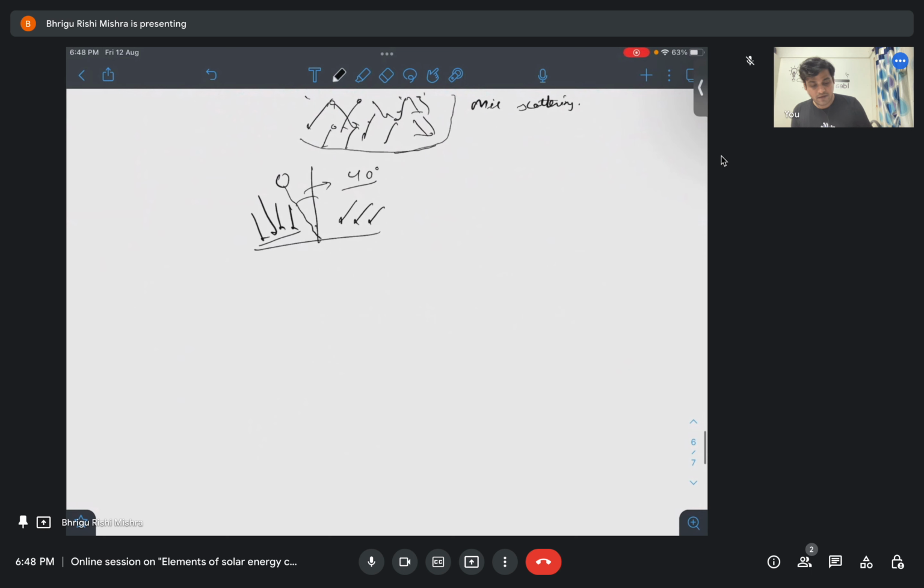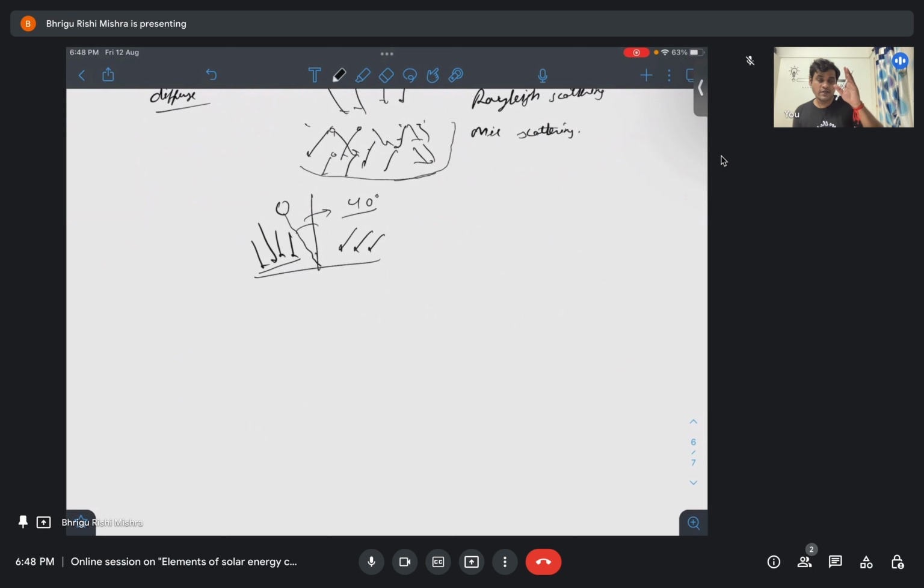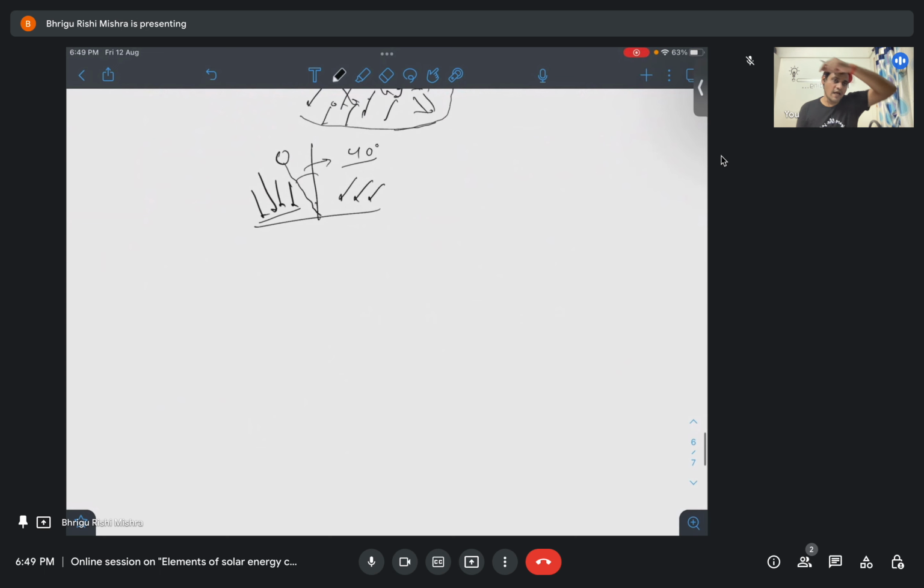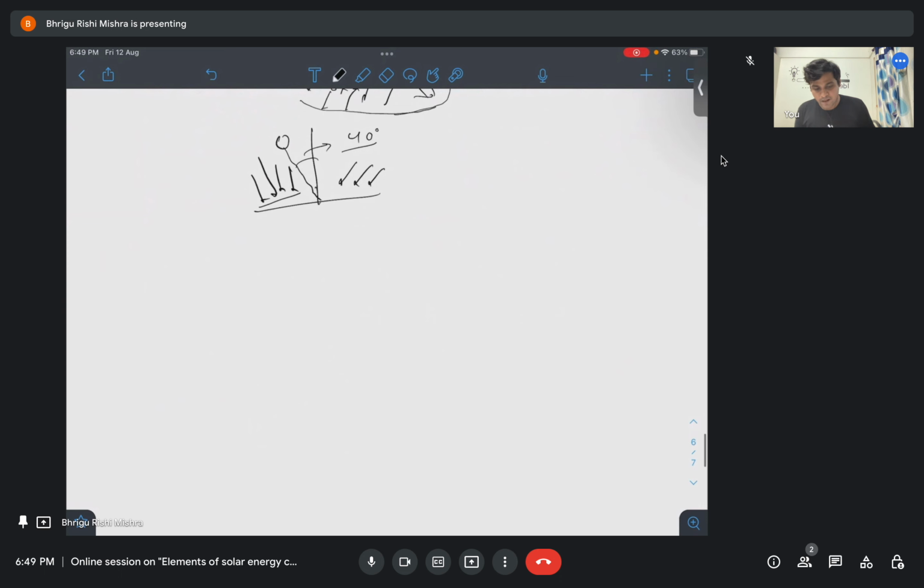Okay, also when the sun is at an angle greater than a certain angle, around 60 degrees, then also we will have a lot of diffuse radiation. So in the morning, at sunrise and at sunset, we will have more diffuse radiation compared to the direct radiation, because the light travels a longer path before reaching the earth, and thus it has higher chances to get scattered in the atmosphere.